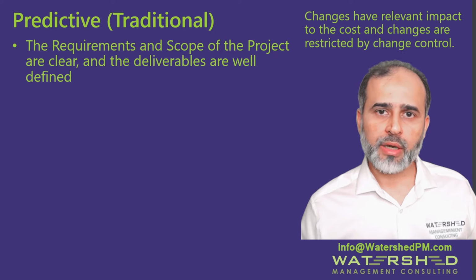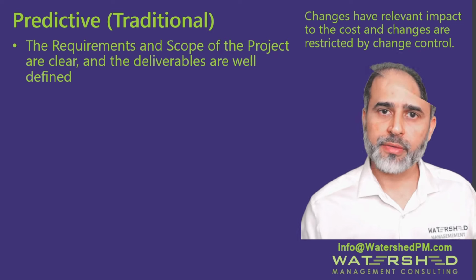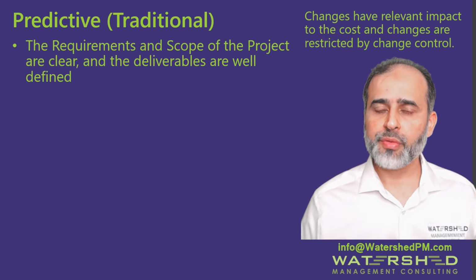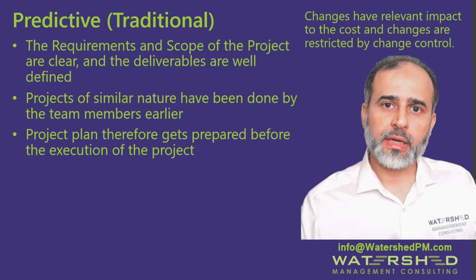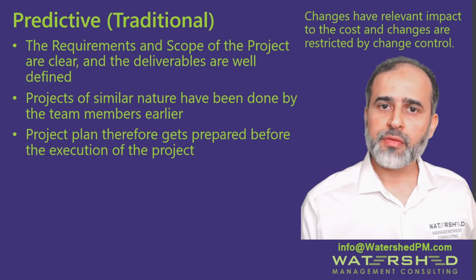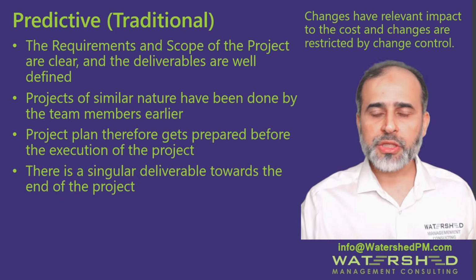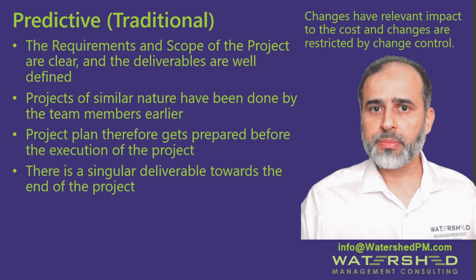The scope is well defined, the deliverables are properly defined, and hence you can prepare the project management plan thoroughly even before you start your execution. One of the reasons why this is possible is that the teams can draw upon the experience they have from working on similar projects in the past. And usually there'll be one large delivery towards the very end of the project, when the execution gets completed.